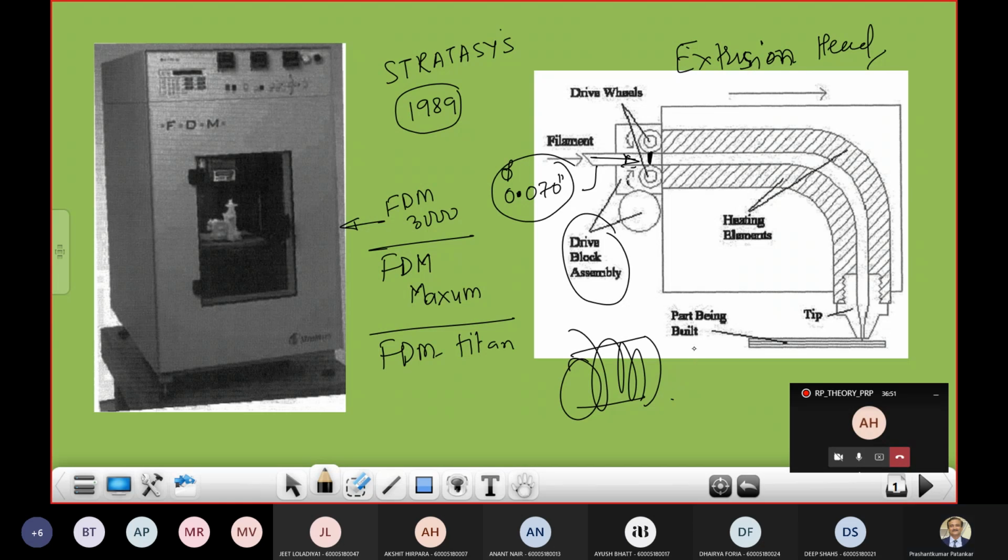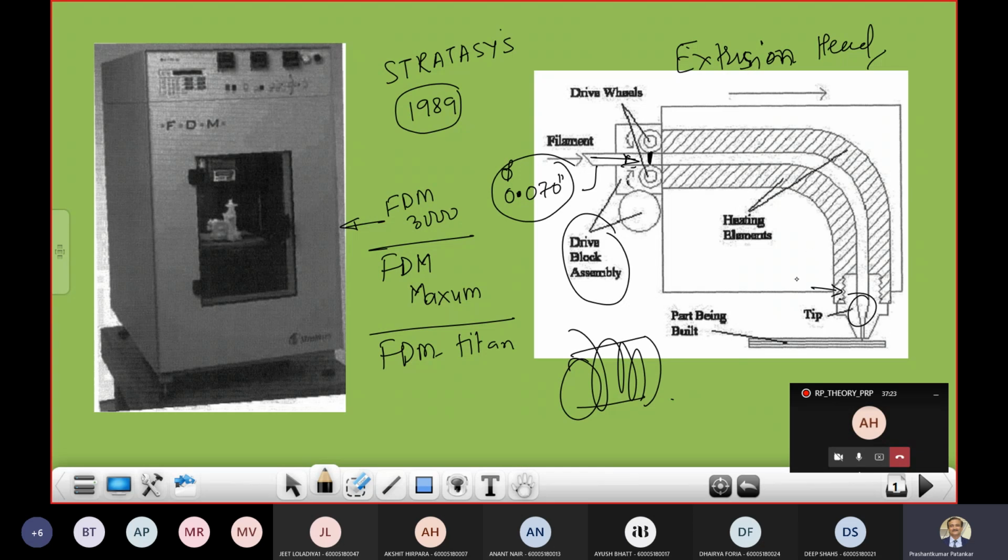I'm talking about this, the entry point to the heating chamber. Here you can also see some heating filaments shown over here.